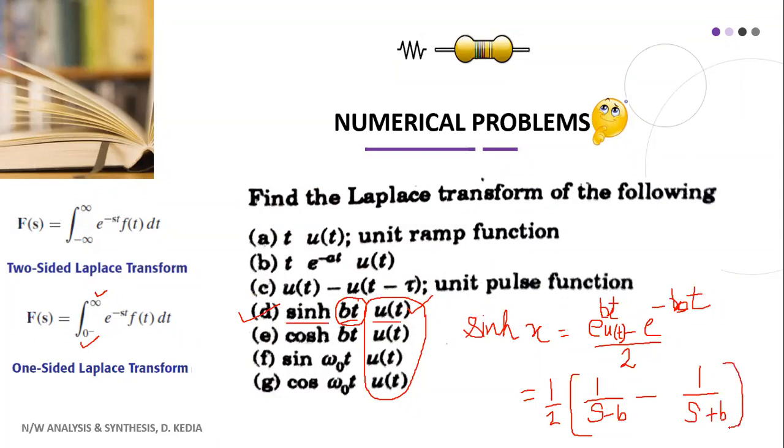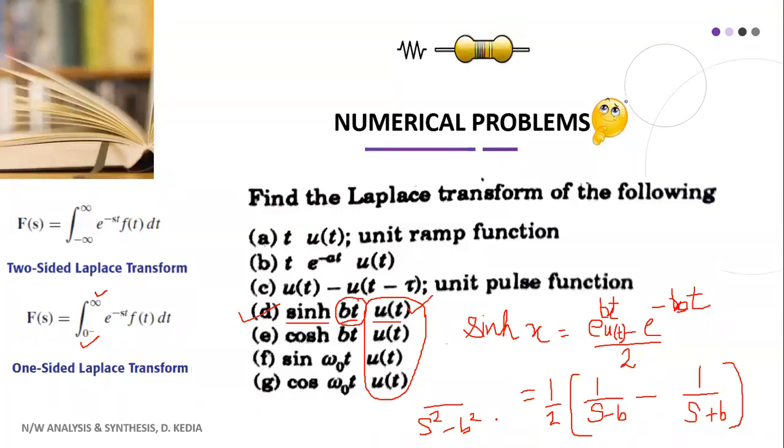Now you can directly simplify this. If you simplify that, your answer will directly come out to be s square minus b square in the denominator. And in the numerator you will have b, and b will be cancelled, 2 will also be cancelled.